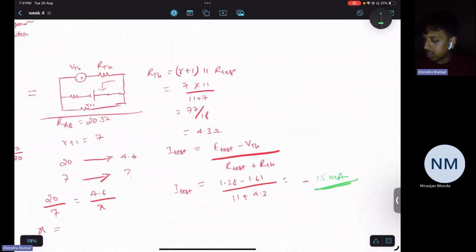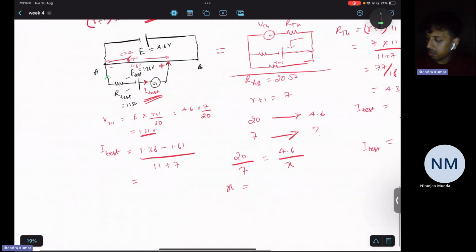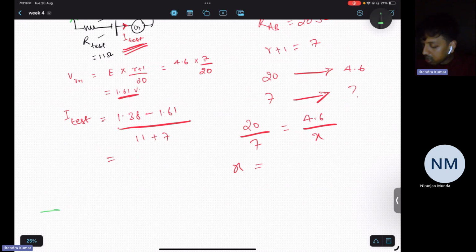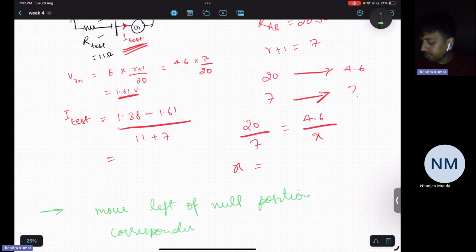So the next part: this is where we moved one right from the null position, a distance corresponding to 1 ohm. Now in the next part, we need to move left of the null position corresponding to 1 ohm.